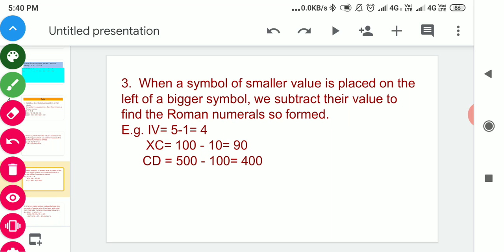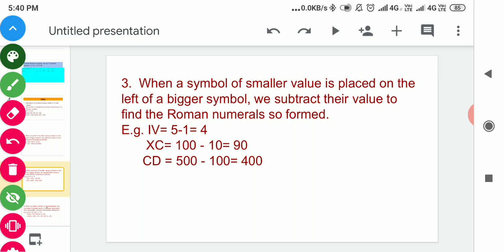Rule number 3. When a symbol of a smaller value is placed on the left of a bigger symbol, we subtract their values to find the Roman numeral so formed. Means when the numbers are given in increasing order, then we will do subtraction there. We will subtract the smaller number from the bigger number.